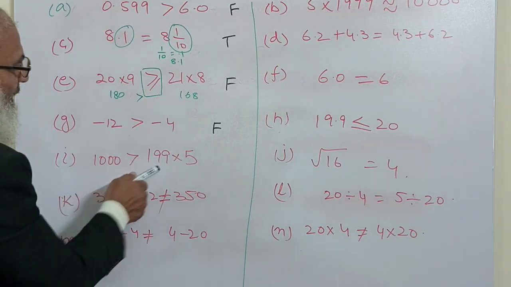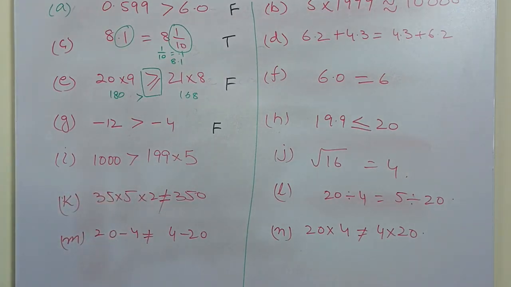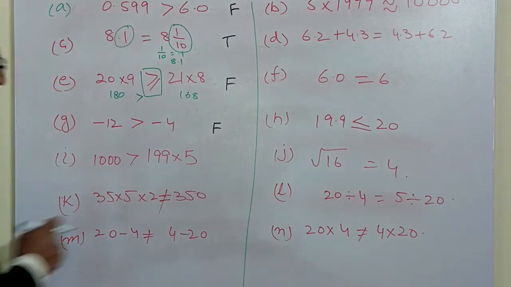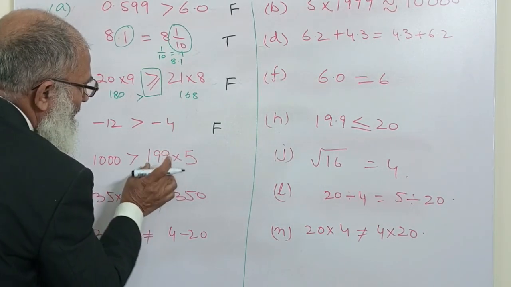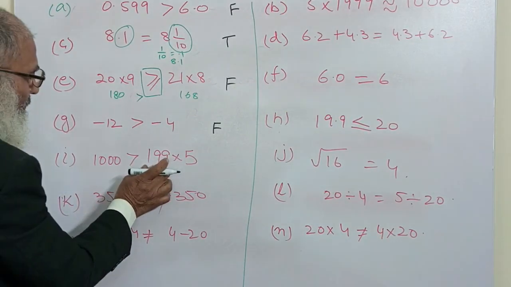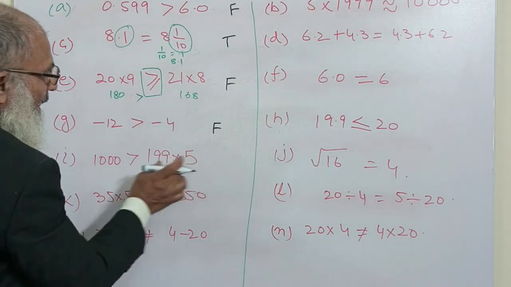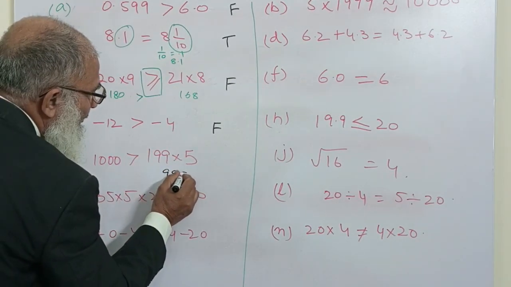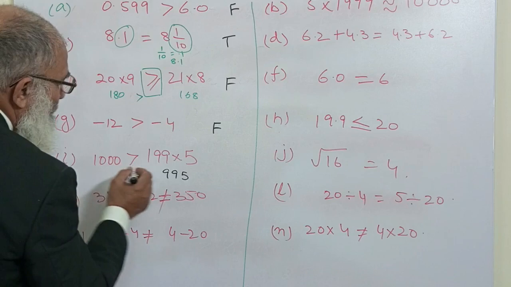One thousand is greater than... Now you have to solve this. This is almost equal to 200. Just one less, it will become 995. So this is true.